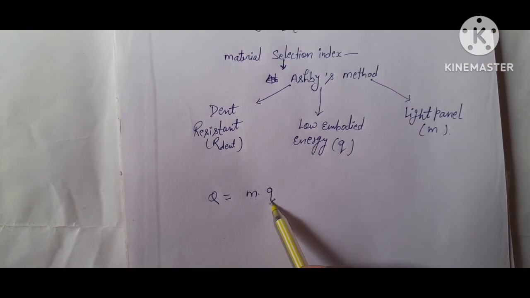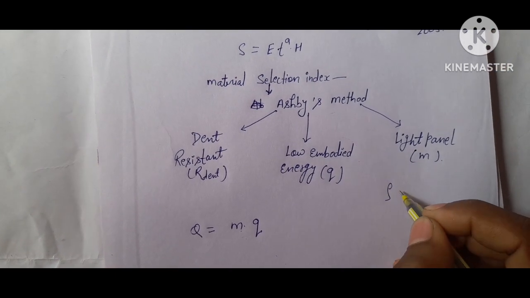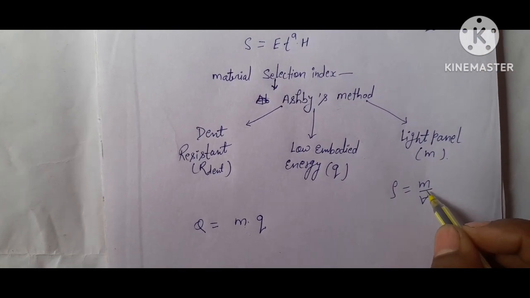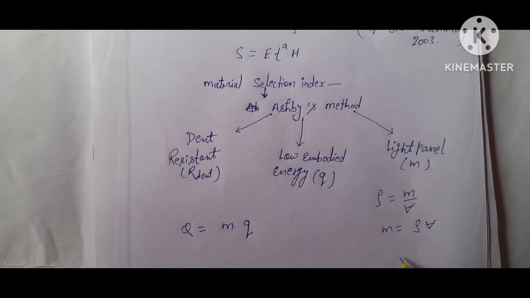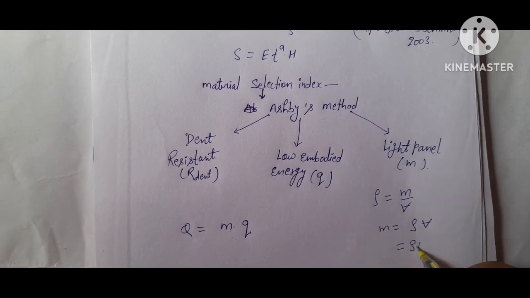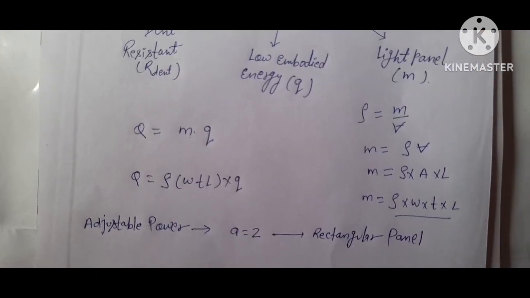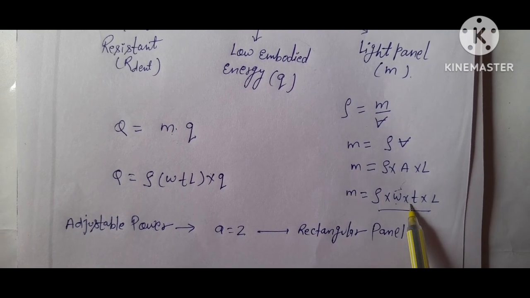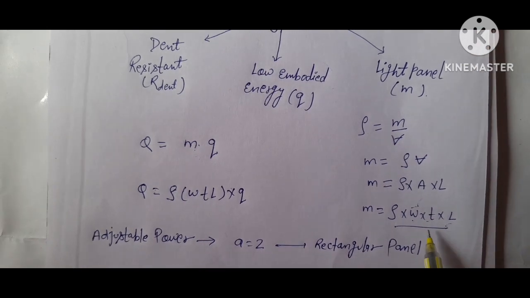It is the total energy which is used to produce any part, the total energy content. So the energy content is mass multiplied by embodied energy Q. You know density rho equals mass divided by volume, so mass becomes rho multiplied by volume, and that is rho multiplied by area multiplied by length. Area equals width multiplied by thickness.